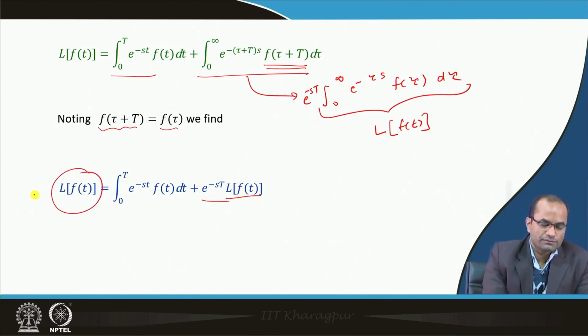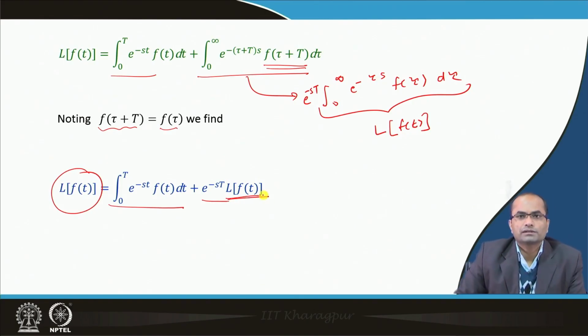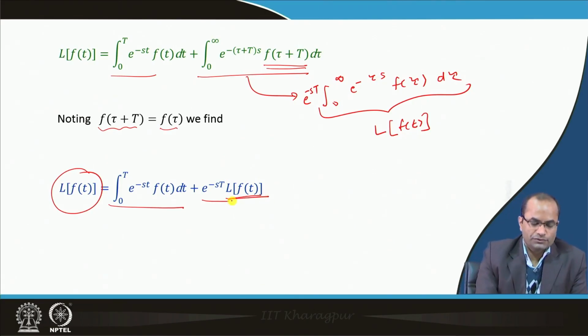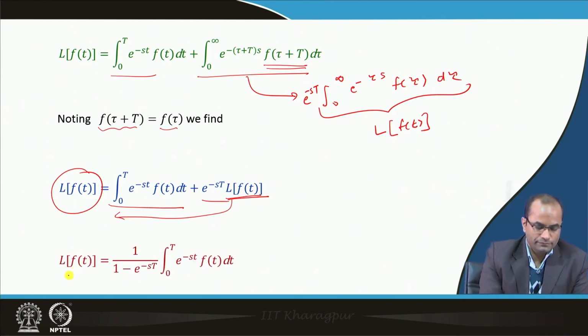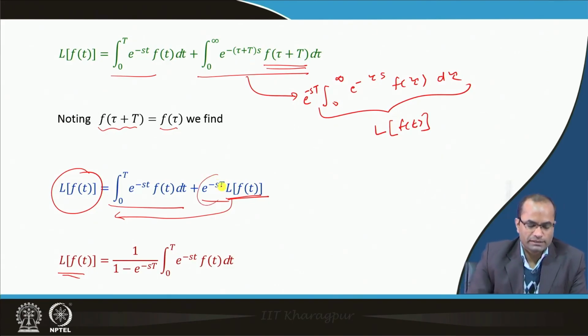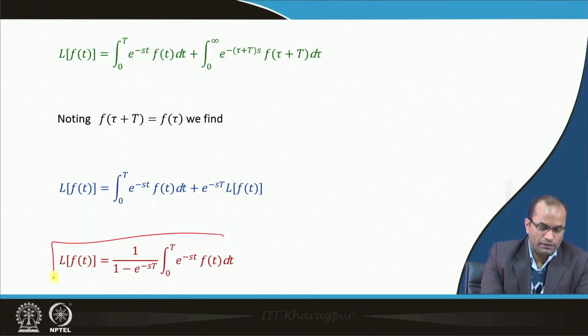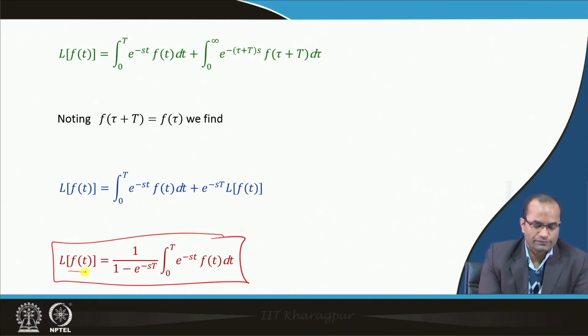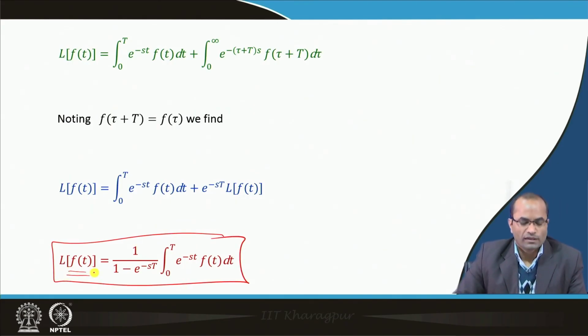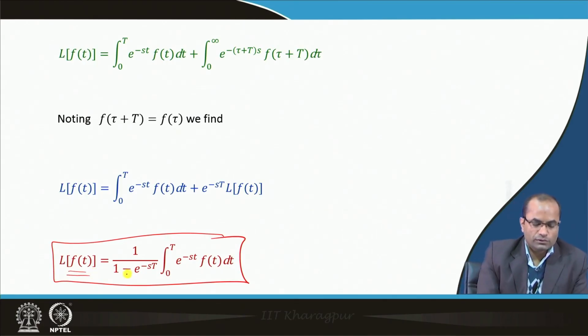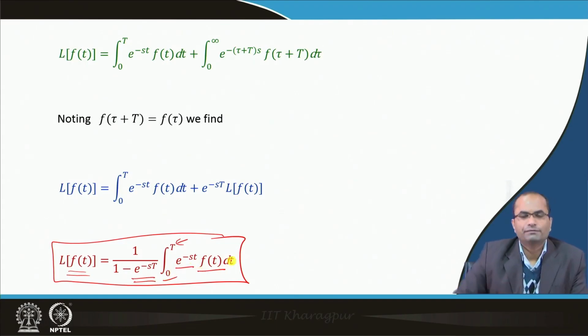So, we have the Laplace transform of f(t) equal to this term plus e power minus sT times again the Laplace transform of f(t). So, we can bring this term to the left hand side, and then divide by 1 minus e power minus sT, and we got this formula, which says that the Laplace transform of f(t), when f(t) is a periodic function of period capital T, can be evaluated by 1 over 1 minus e power minus sT, integral from 0 to the period capital T of e power minus st f(t) dt.